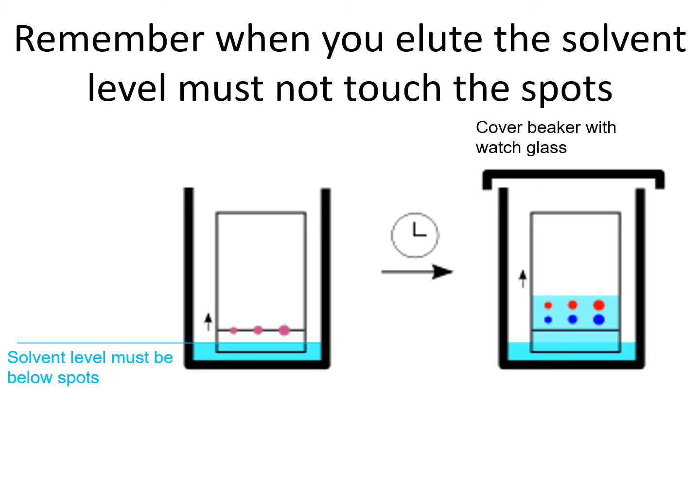And here make sure that the solvent level does not touch the line, otherwise the samples will drip down into the solvent and we will not have any separation. And then the next step for sure is to close the chamber with an appropriate lid.